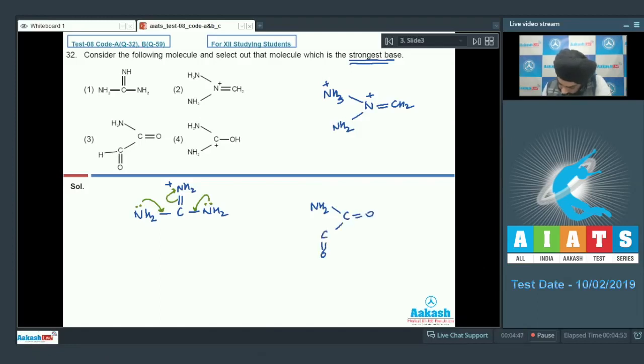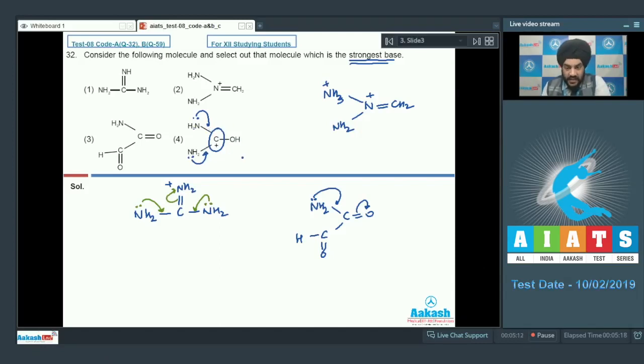The lone pairs of nitrogen are already delocalized. So it will be not very basic. And if you look at the fourth option now, in the fourth option, also there is an electron deficient carbon which is present. So the lone pairs of nitrogen will also be not very much available for attack as they will be stabilizing this carbocation present.